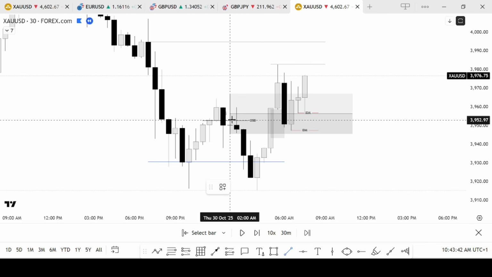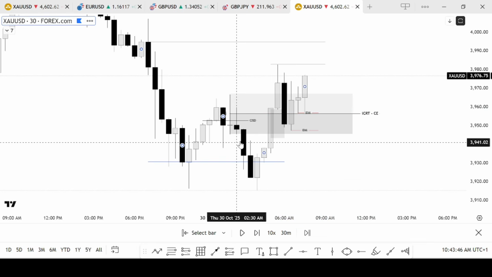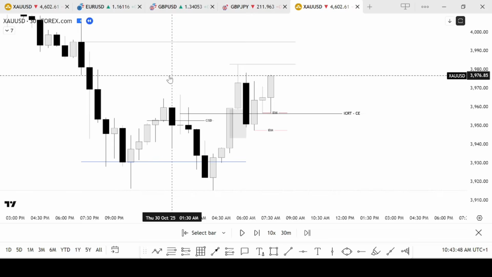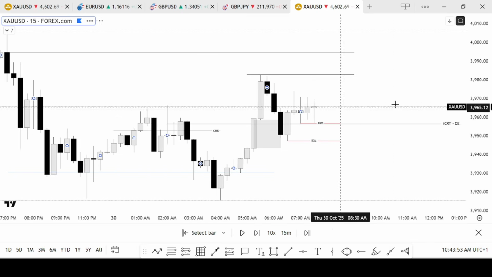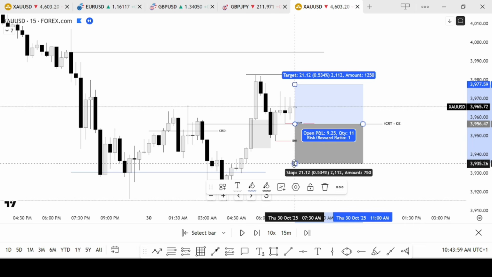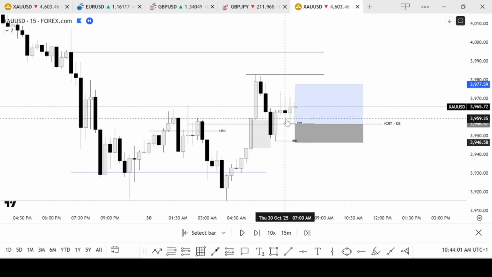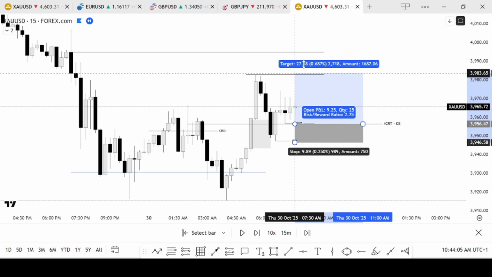So I'm going to pull this as my iCRT, of course, consequent encroachment. So we remove this. Now, we are not doing things blindly. We're also going to wait for inducement to be taken before we even think of entering. So if at all I want to, then I will do just that. And of course, because this is the nearest inducement to my valid iCRT levels.